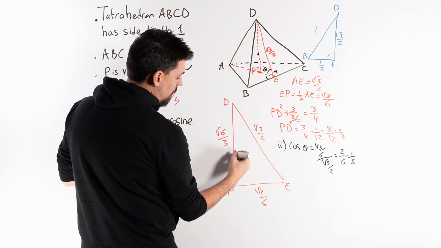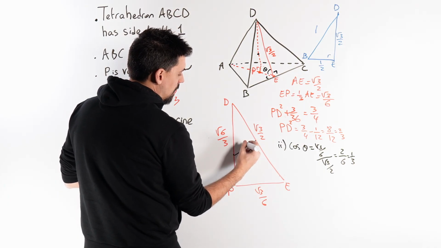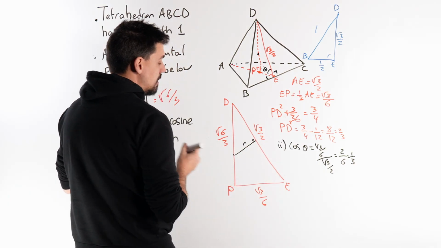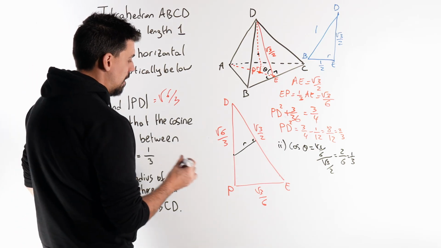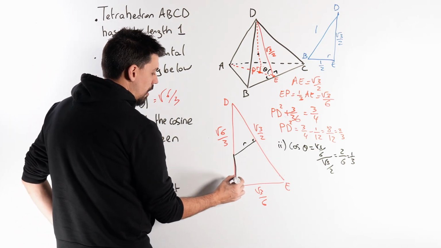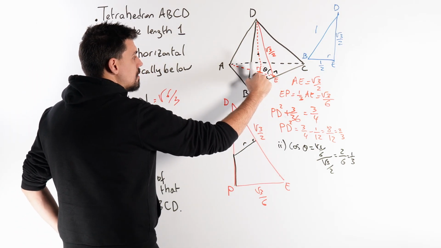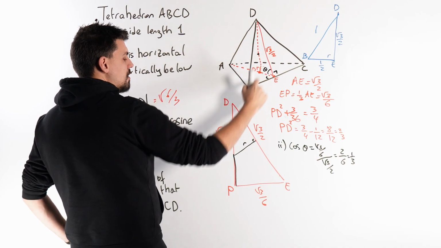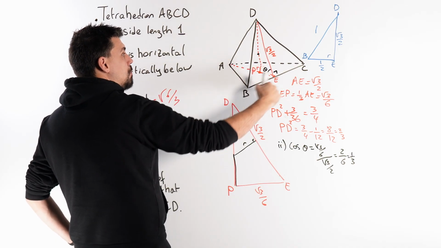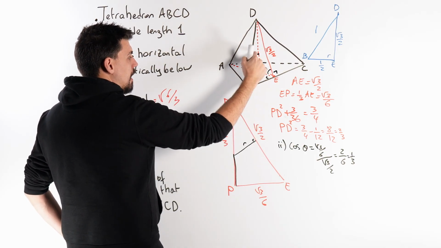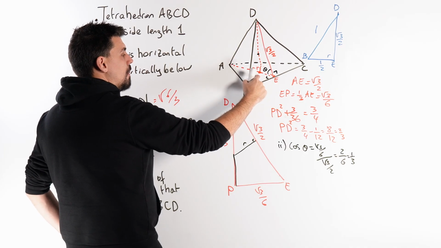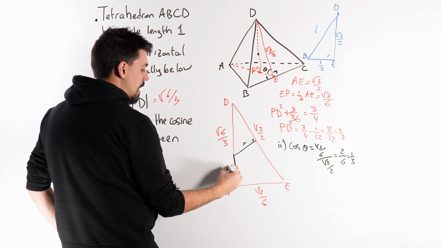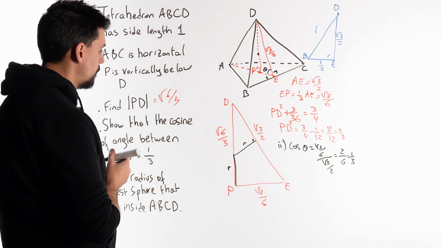But importantly, the radius will hit that side there at a right angle, but it will also touch the face ABC at P. So that there is R.